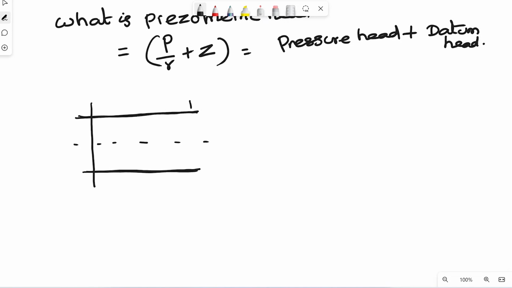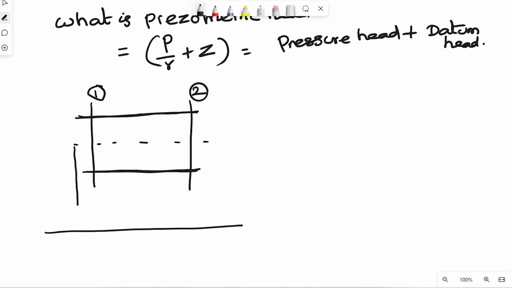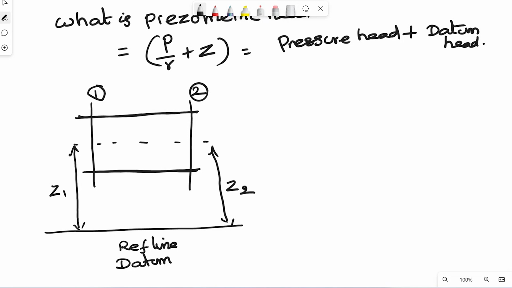If I call this section 1 and this is section 2, take a reference line from the center of the pipe; this is called the reference line, and this is also called the datum line. So this is z1 and this is z2. Here again it is the pressure head p1, here pressure head p2, velocity v1, velocity v2.